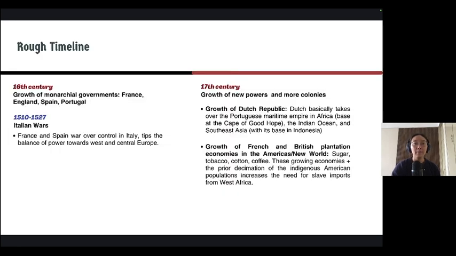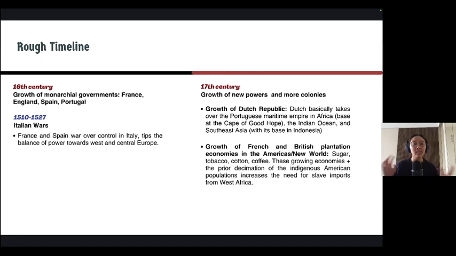So, as we move on to the 16th century, we find that monarchical governments like France, England, Spain, and Portugal are really developing their internal organization. Kumbaga, they're becoming stronger monarchical states by developing their armies, sometimes going to war, developing stronger narratives for who they are as kingdoms, right?